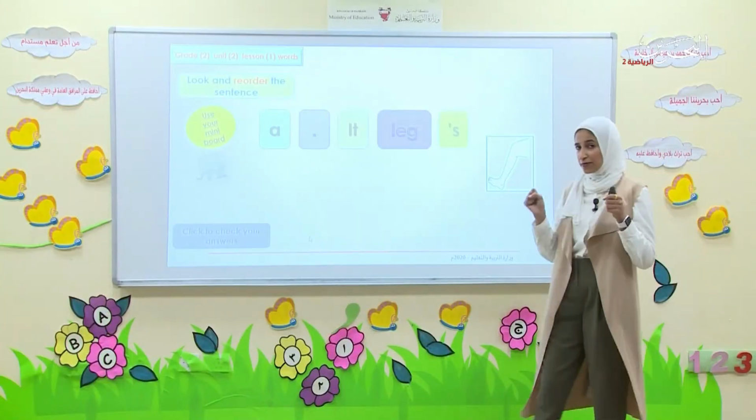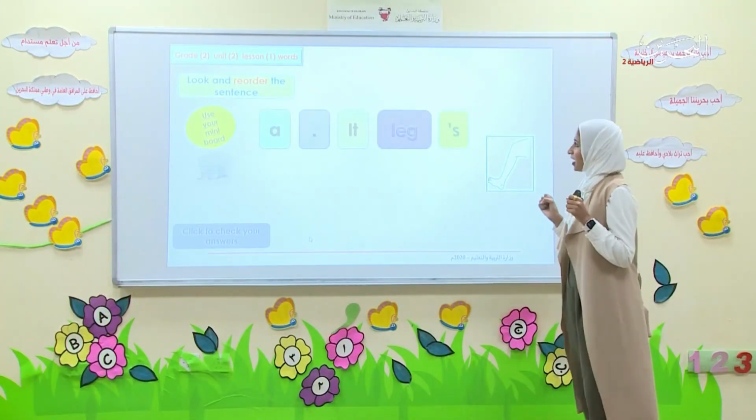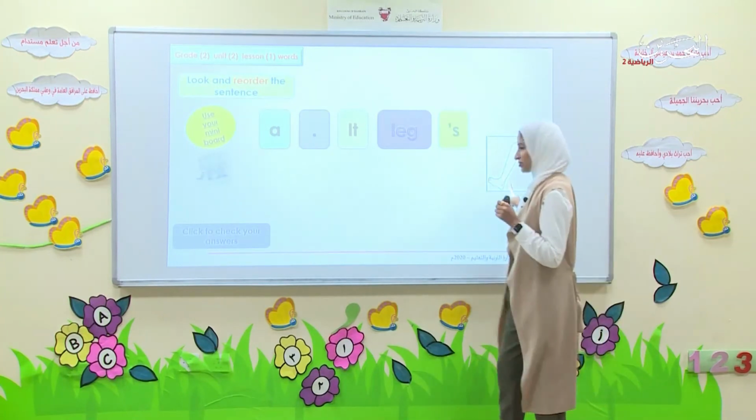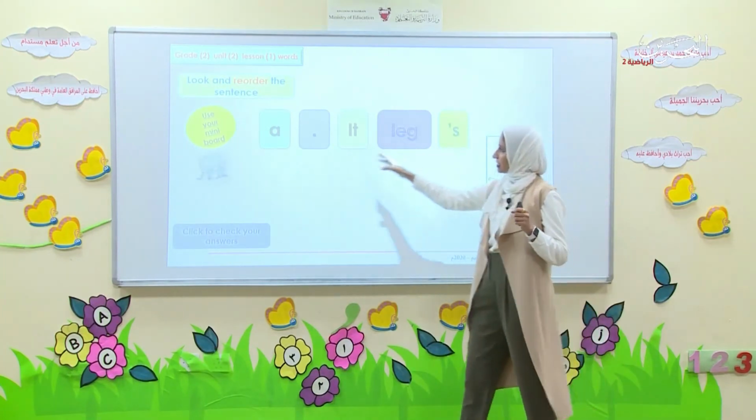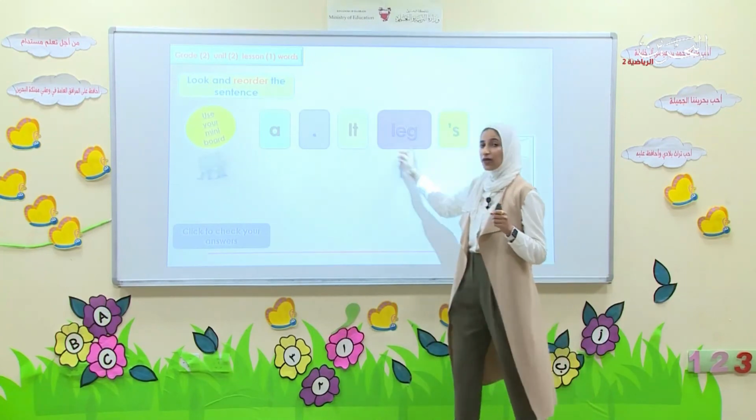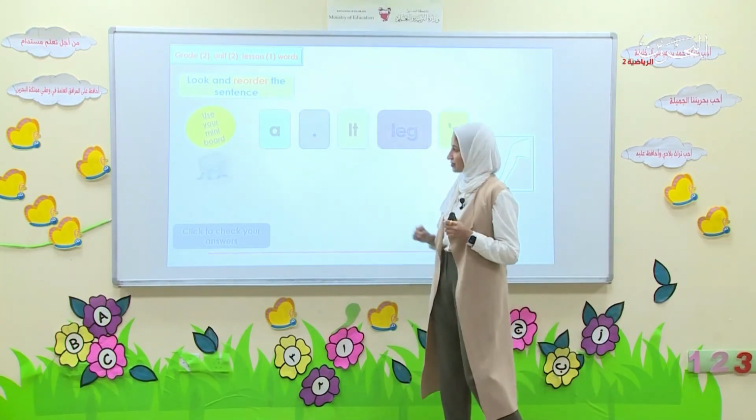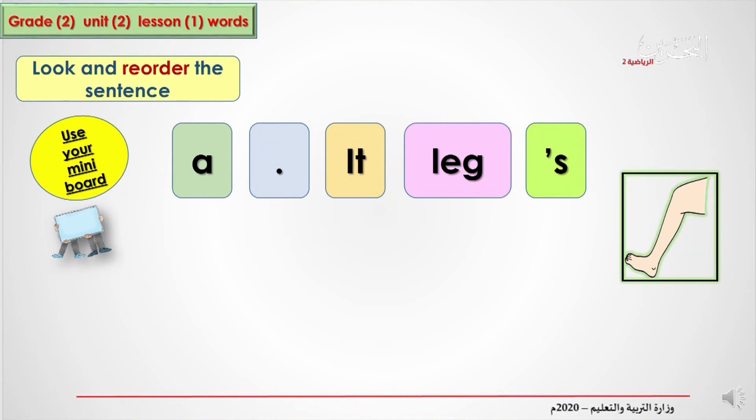Now, using your mini board, I want you to look at the picture first and then look at the sentence and reorder the sentence. Put it in the right order. You have 30 seconds. Start.